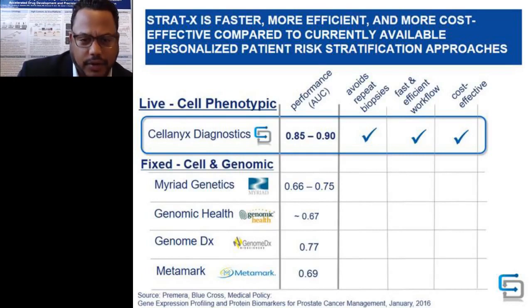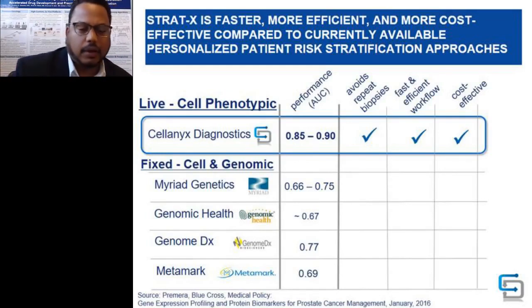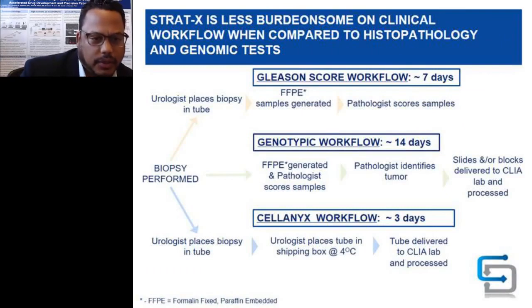It's faster and efficient in terms of workflow, which I'll get into a bit later, and it turns out to be a little more cost effective. So in terms of workflow, we see that the Gleason score usually takes around 7 days for a pathologist to return.